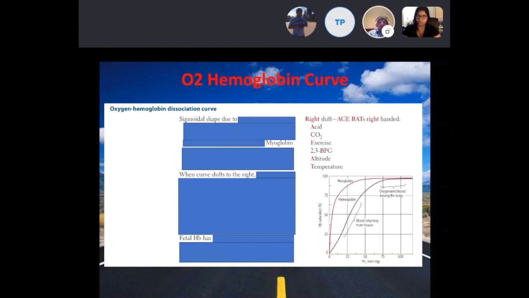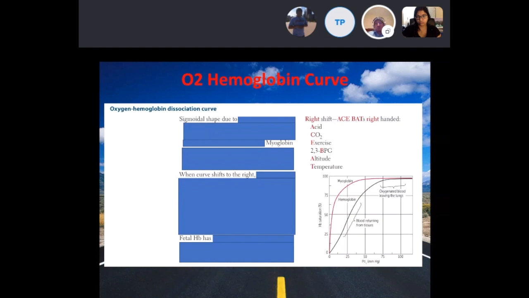So, we've got this curve that everybody knows about. It's basically showing how oxygen binds to hemoglobin. So we are going to talk about this hemoglobin curve first, and it is described as a sigmoidal shape.